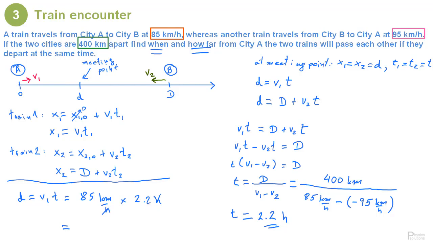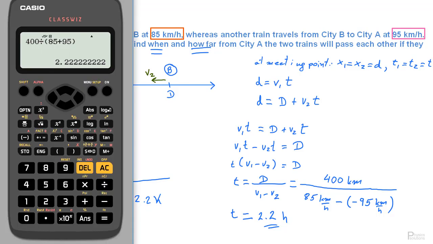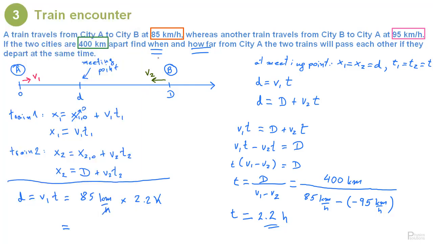We're going to get an answer in kilometers. Let's see how much. So we have 85 times 2.2, 187. So we write here 187 kilometers. And that is little d. So we have found the distance from city A of the meeting point, which is exactly what we're being asked to find.